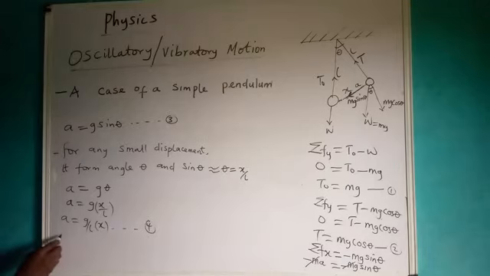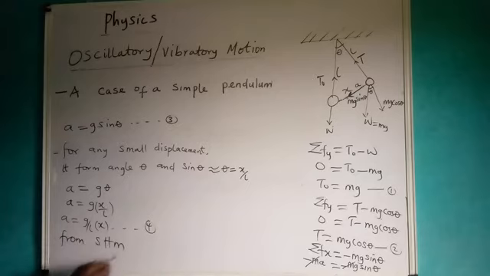Now from here, please don't forget from simple harmonic motion, that is SHM, simple harmonic motion. Remember that our acceleration is equal to minus the square of the angular velocity times the displacement, which is x.